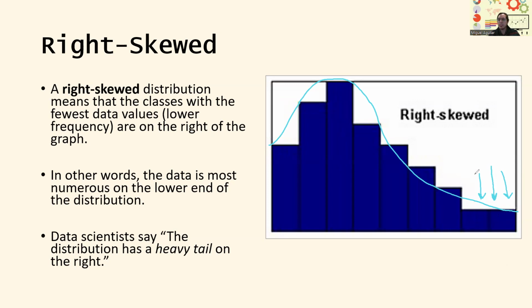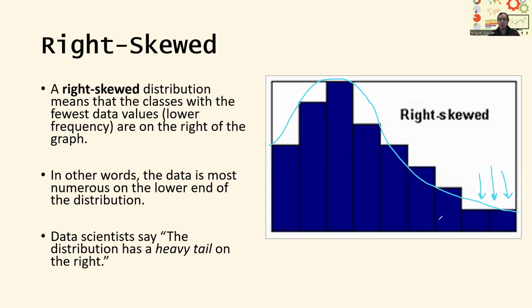Okay? That's not to be confused or to sort of think that the heavy tail means that these are high frequencies and that's what makes them heavy. No, on the contrary, this is a heavy tail because it's very low and hard to lift. In other words, the frequency of these classes on the right is very low.